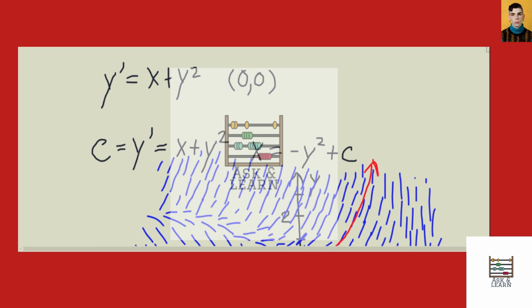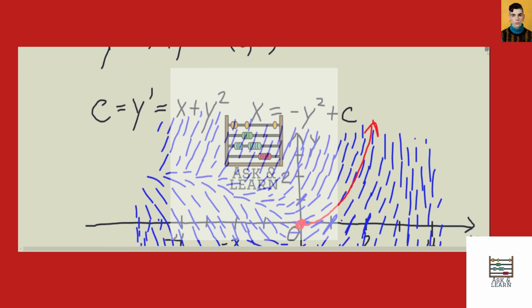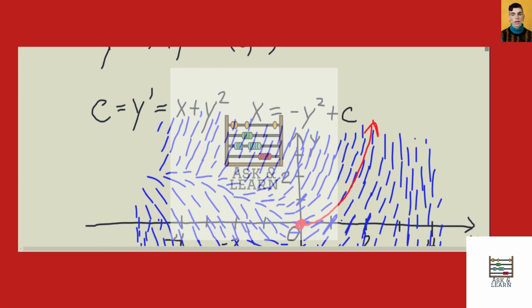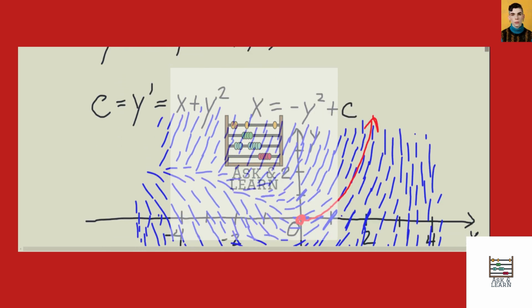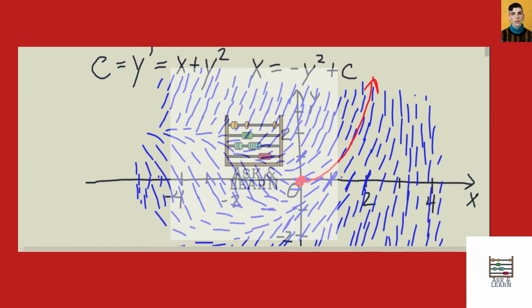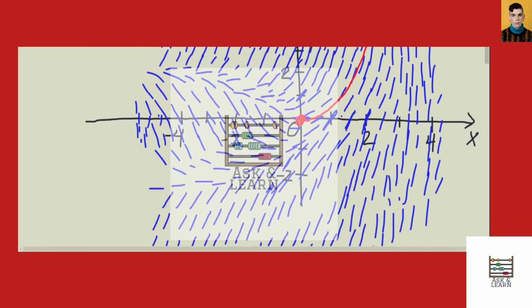The more negative we get, the steeper and steeper the slope gets. So essentially what we have is incredibly negative slopes.